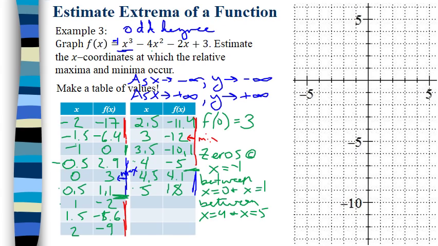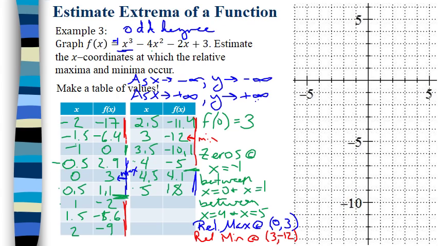And it looks like we have a maximum, and this will be relative, right, because the y values go from -infinity to +infinity. So we have a relative max at (0, 3), and it looks like we have a relative min at (3, -12). Okay, so let's go ahead and graph this function and see if what we got from the table matches up with what we graphed.